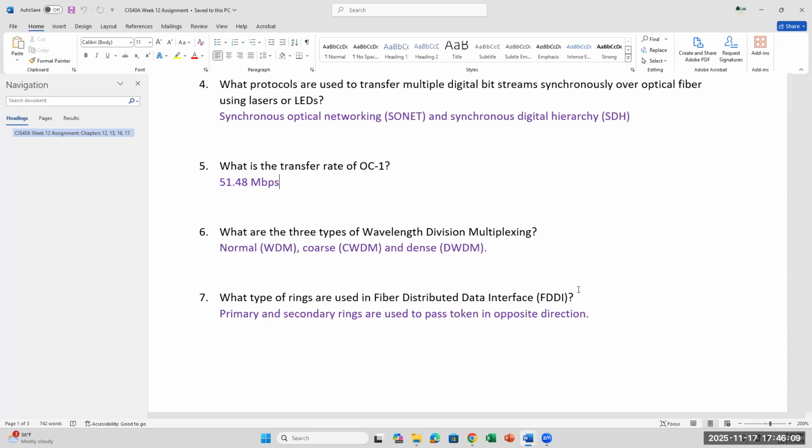Right? So this is a way that we can implement data distribution in a circular manner by implementing 2 rings. The first ring goes to the right and the other ring goes to the left. Okay? So that means that we are simultaneously able to send and receive through the tokens on 1 ring and another ring.